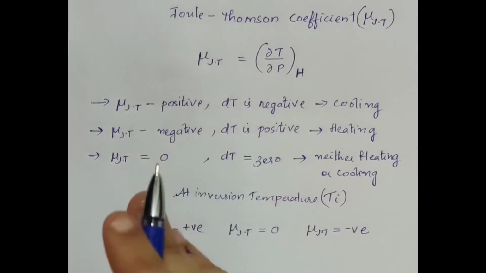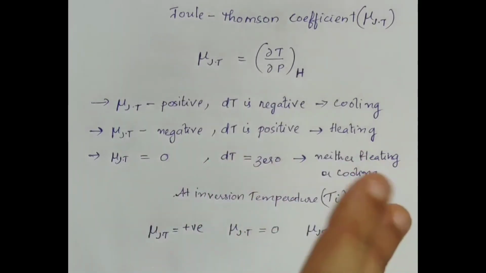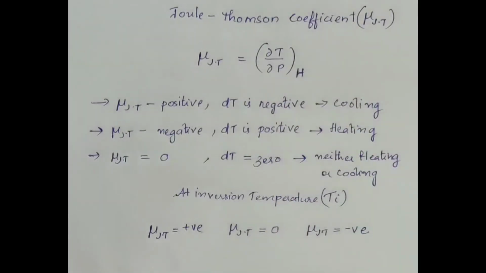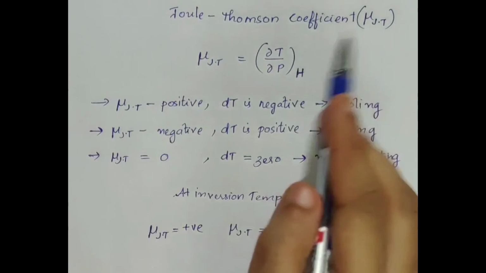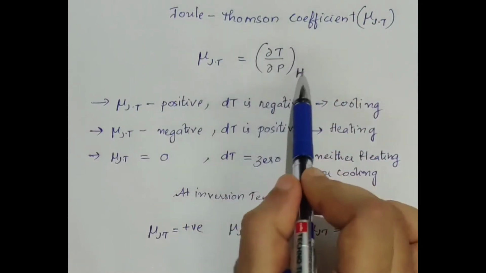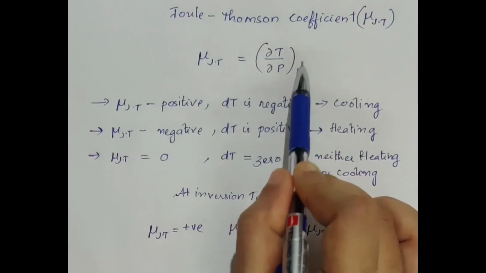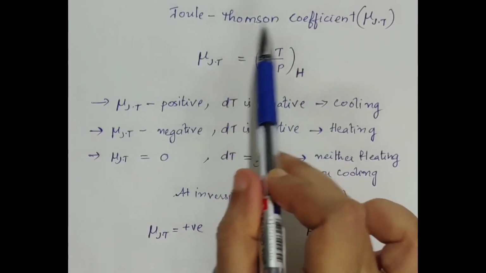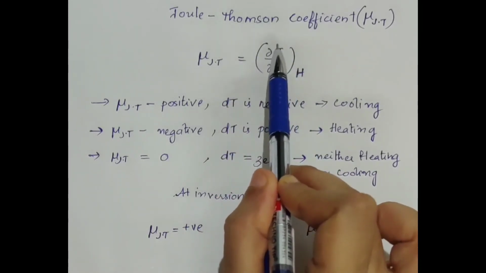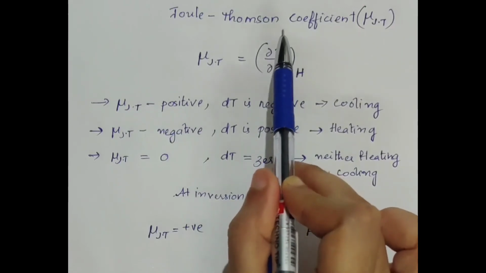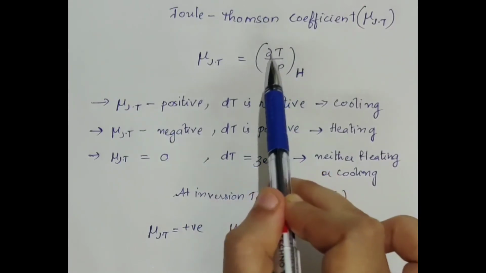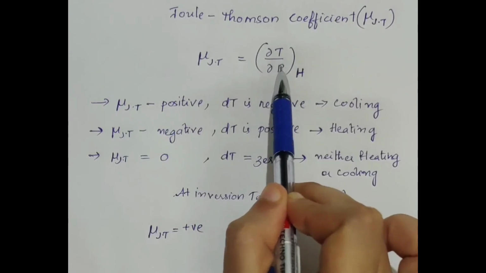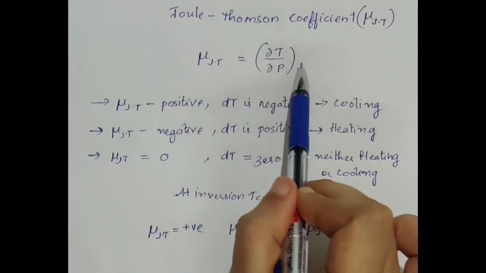Today we discussed two important points, the Joule-Thomson coefficient and inversion temperature. The Joule-Thomson coefficient is dou T by dou P at constant enthalpy, at constant H. It may be defined as the temperature change in degrees experienced by a gas in expansion per unit pressure drop at constant enthalpy.